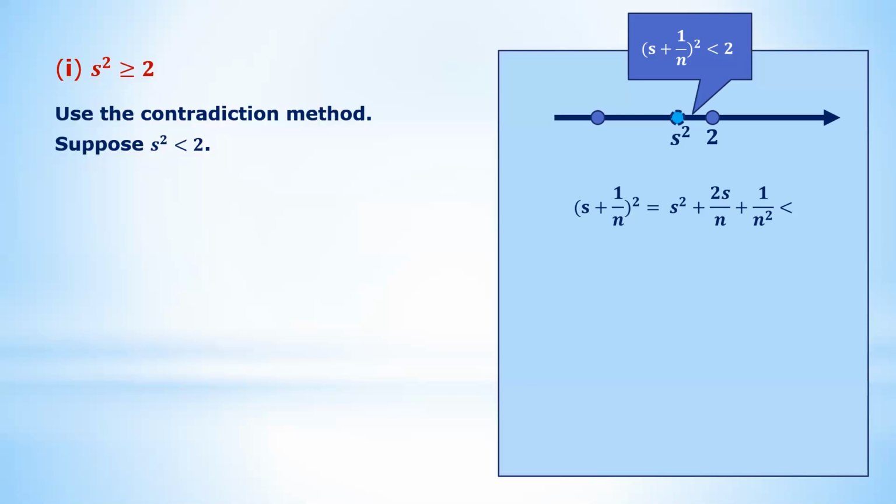If you just replace it with s plus n, the square of this will never be less than 2, because the difference is at least 1. But with 1 over n, the difference may be like a hundredth, a thousandth, something like this. So it can be small. It's possible.